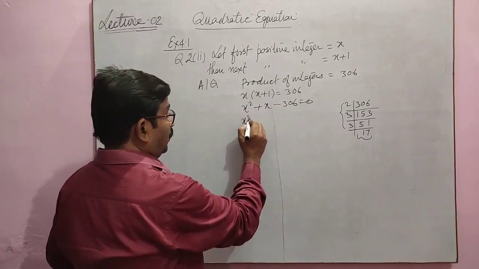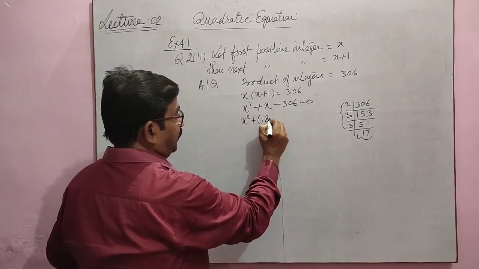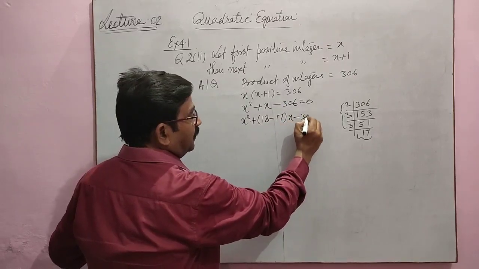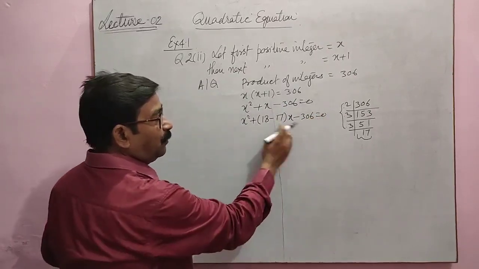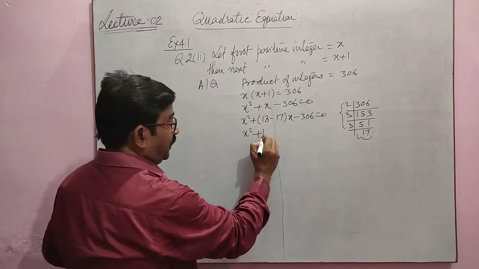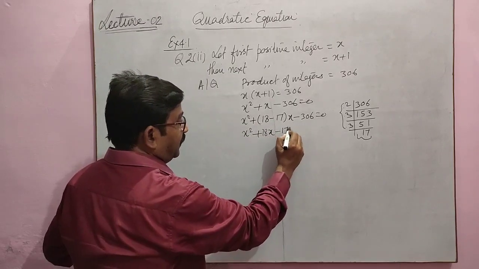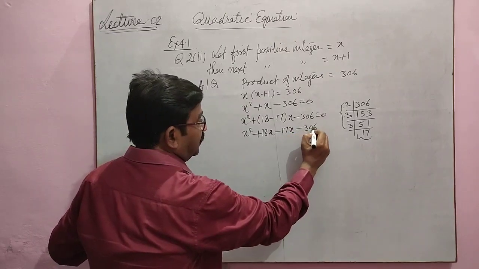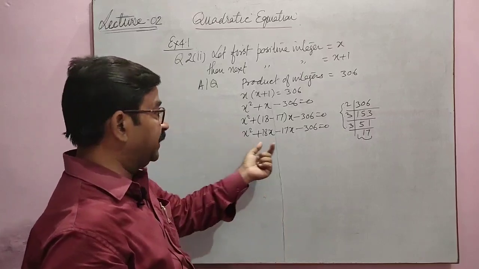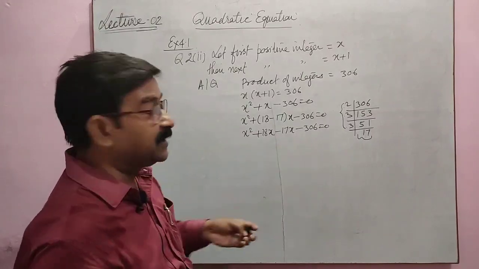See, x² + (18 - 17) splitting the middle term into x, minus 306 is equal to 0. Multiply this x inside. So we have x² + 18x - 17x - 306 = 0. We have to make two brackets, taking care the brackets must contain the same sign.